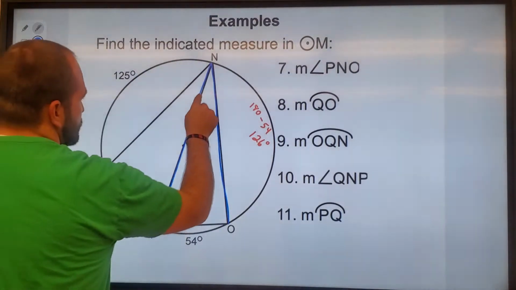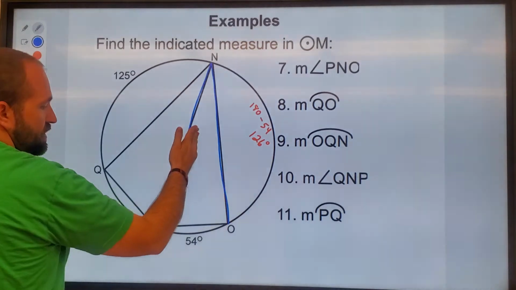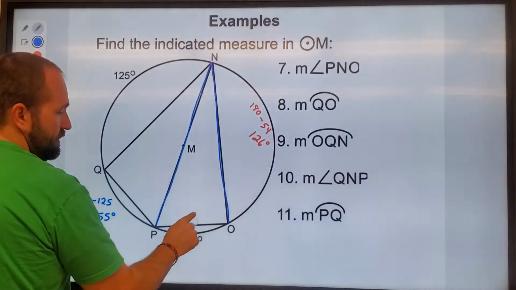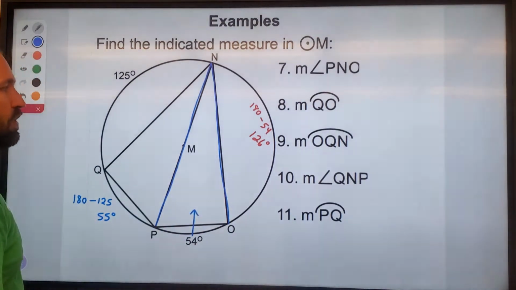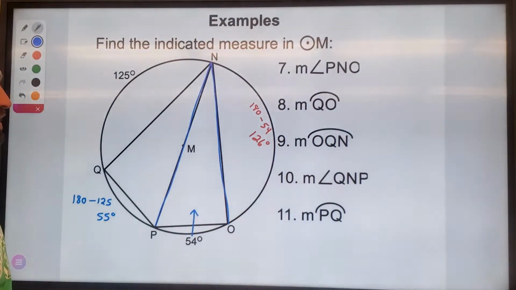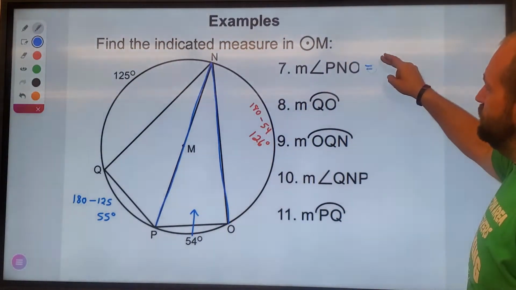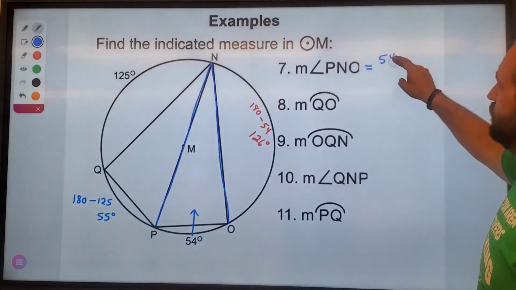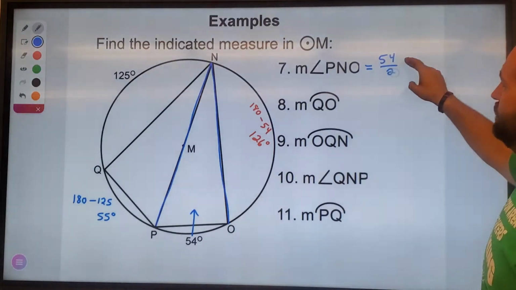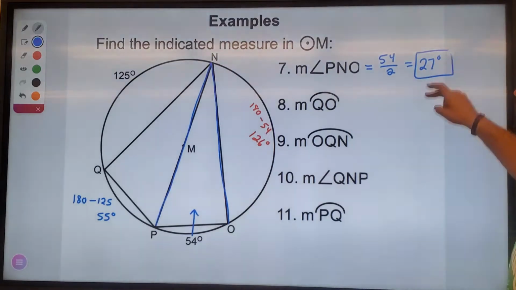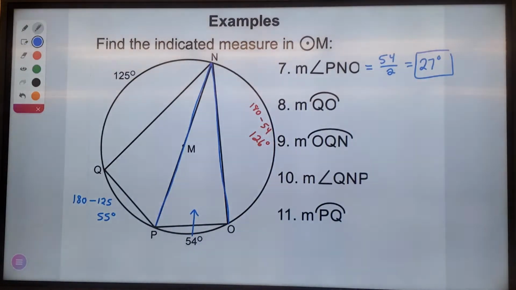And if this is an inscribed angle, then the intercepted arc is what we need to use. So if I go from here in, I'm going to do what? If you said divide, then you're correct. So this answer would be 54 divided by 2, which is going to give me 27 degrees. Okay, 27 degrees.